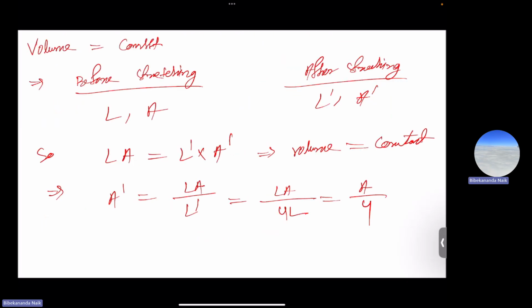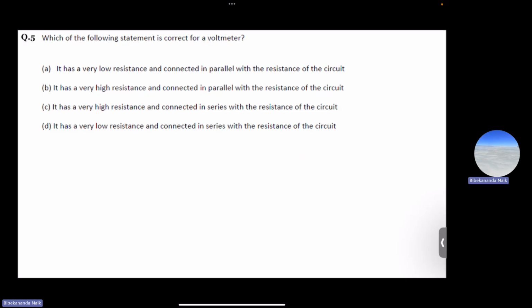Now let's move to question number 5. Question number 5 says, which of the following statements is correct for a voltmeter? Option A, it has a very low resistance and is connected in parallel with the resistance of the circuit. Option B, it has a very high resistance and is connected in parallel with the resistance of the circuit.